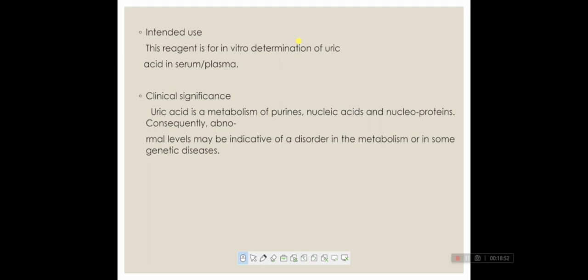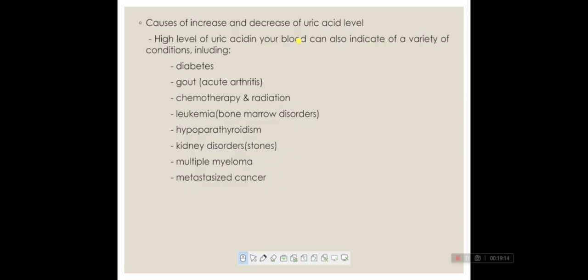What is the clinical significance? Uric acid is a byproduct of the metabolism of purines, nucleic acids, and nucleoproteins. Consequently, if there are abnormal levels of uric acid, then it may be an indication of a disorder in the metabolism or of certain genetic diseases of the person.